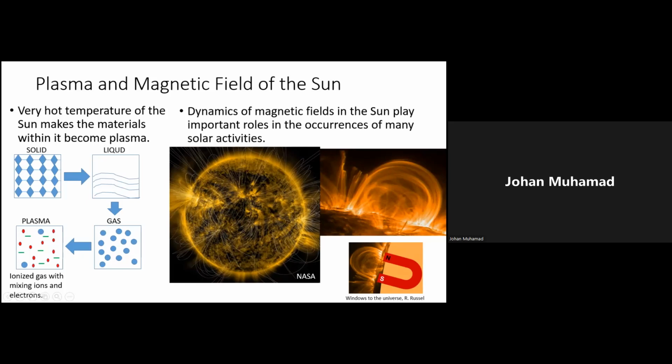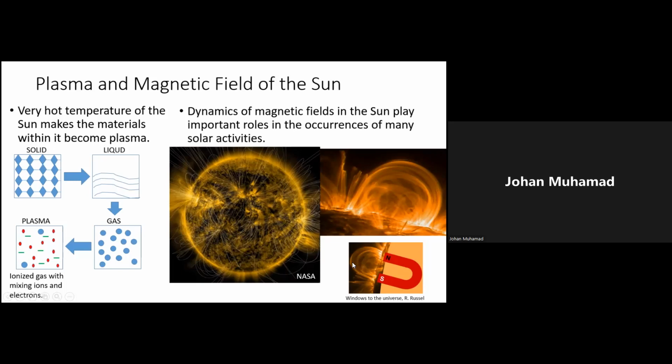So we can see something like magnetic loops like this. So suppose we have a sunspot here. We can imagine that just beneath the sunspot we have positive polarity and negative polarity of a magnet like this.